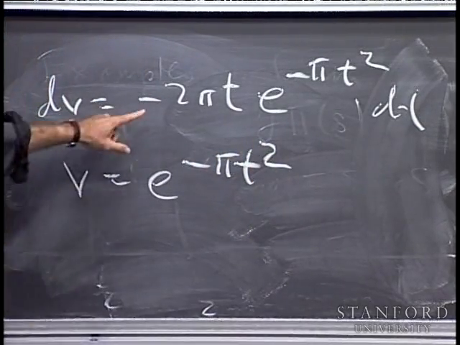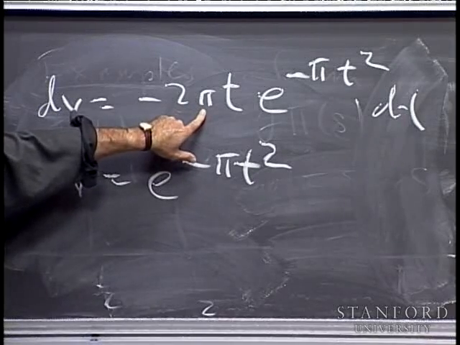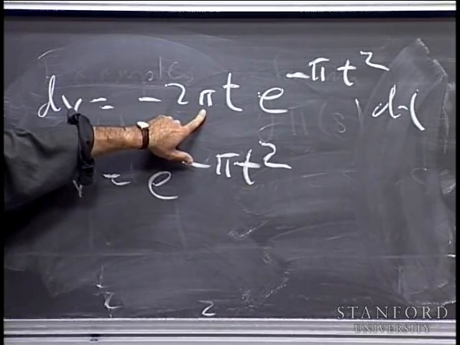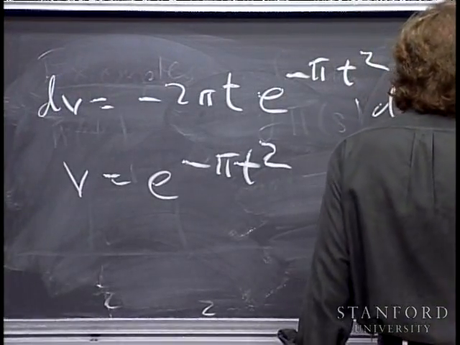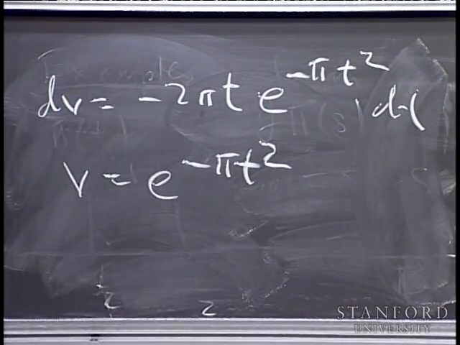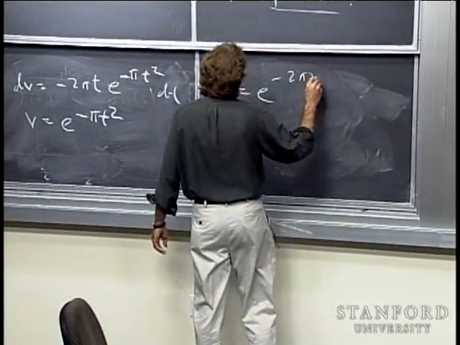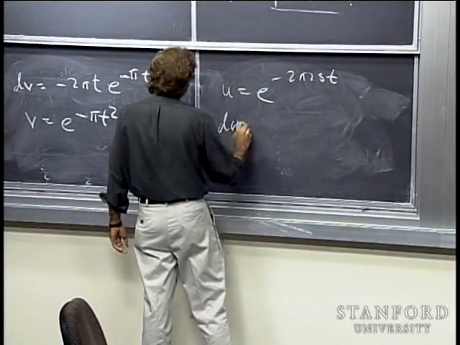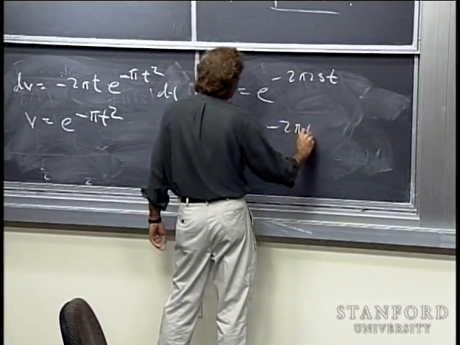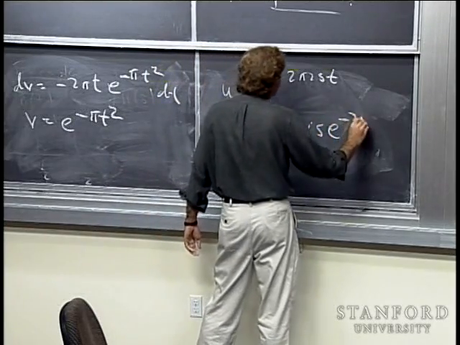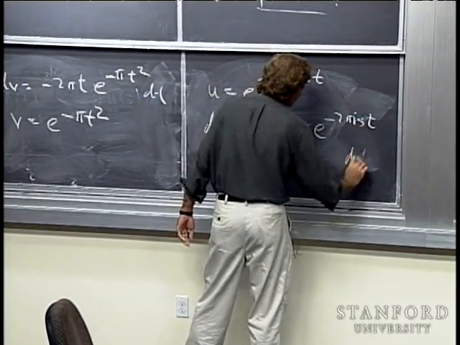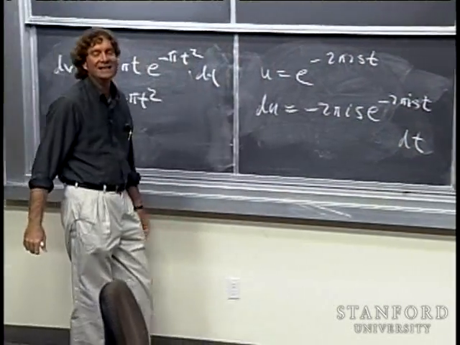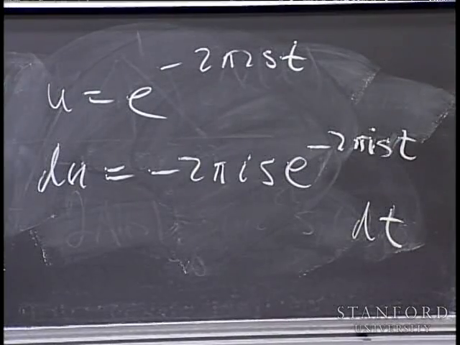The derivative of e to the minus pi t squared with respect to t brings down the minus 2 pi t. And if u is equal to e to the minus 2 pi i st, then du is equal to minus 2 pi i s e to the minus 2 pi i st dt. I'm differentiating there with respect to t, so to speak.